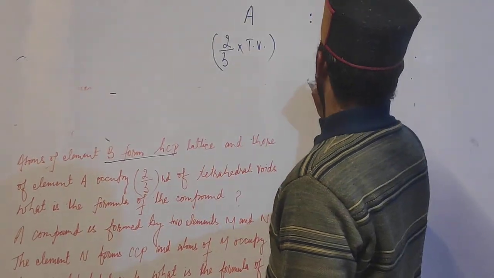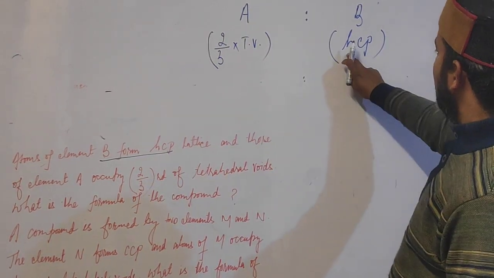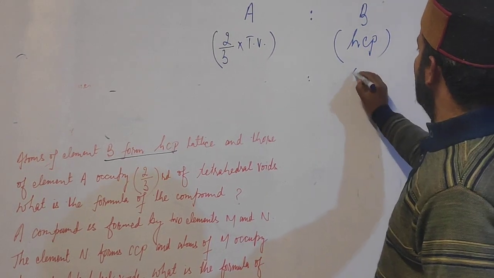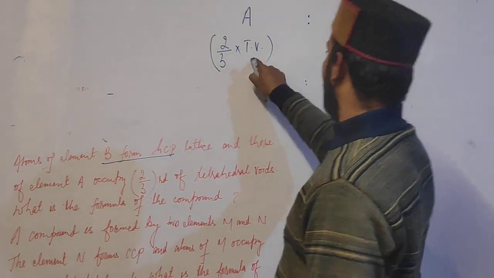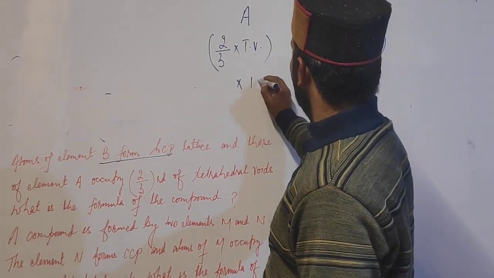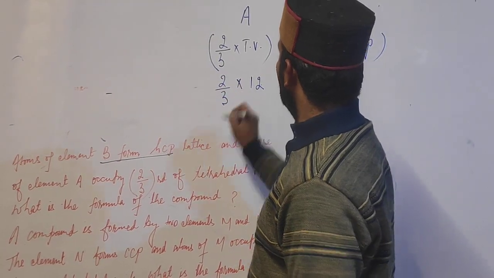Now students, we know this, that in a HCP unit cell we have 6 atoms per unit cell, and the number of tetrahedral voids will be double of this. So we have twice of 6, that means 12, but how many are occupied? Only 2/3.